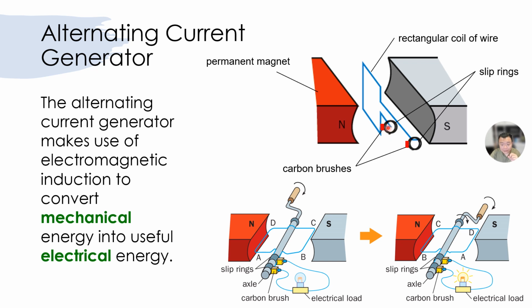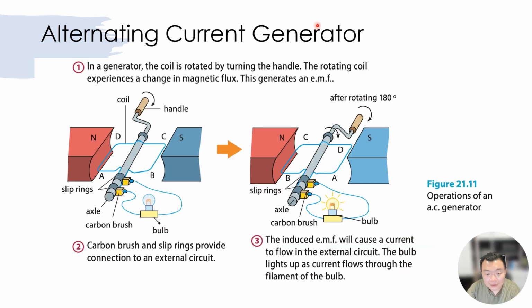This slip ring here always is connected to this side of the coil, and the other side of the coil is always connected to the other slip ring. That is where it differs from a split ring in a DC motor. A split ring in a DC motor receives different parts of the coil's current. Okay, so some technical part to note is about these slip rings over here. And let's move on to the next slide.